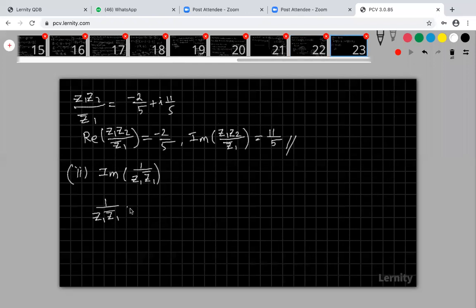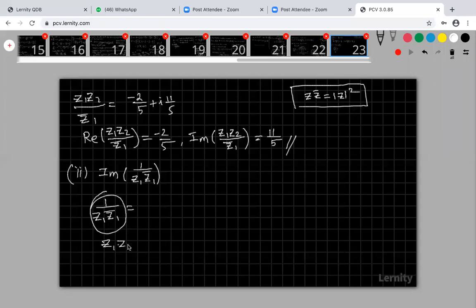Okay, look at that. Here, I have already told that my Z into Z bar is nothing but modulus of Z square. This is one result. Please note that my Z into Z bar is nothing but modulus of Z the whole square. So first of all, find Z1 into Z1 bar.